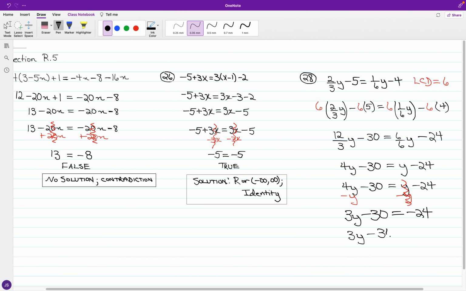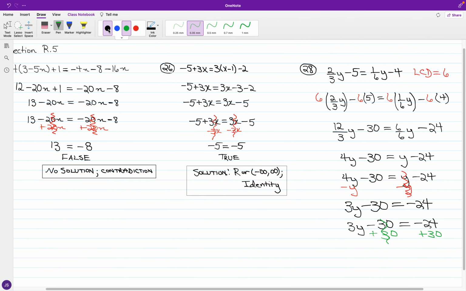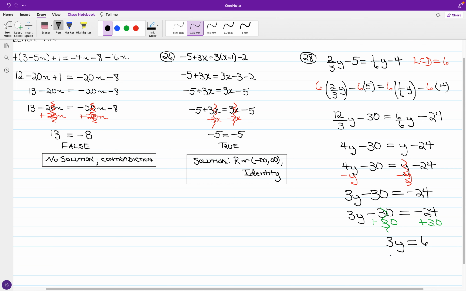And so I have an arrangement where there exists a two-step linear equation. For the first step, I can isolate 3y by moving 30, adding to both sides. So we have 3y on the left, and negative 24 plus 30 on the right comes out to 6. So you've got 3 times y is 6.